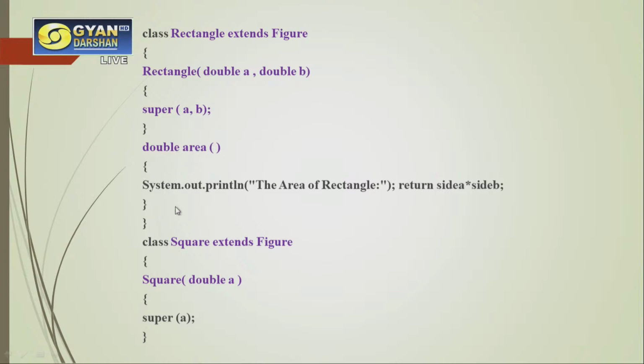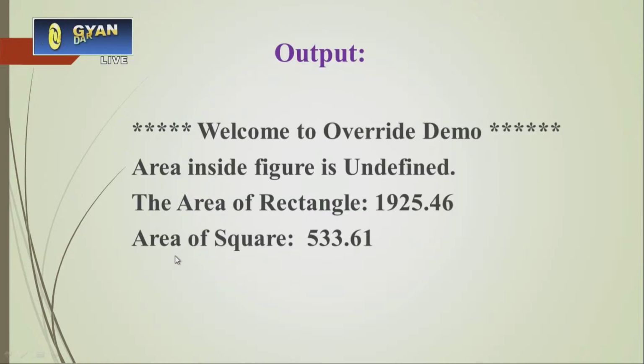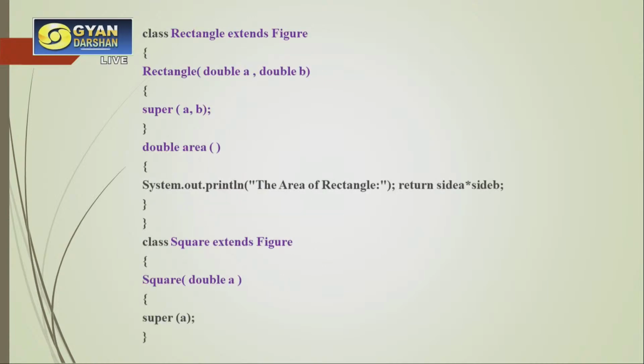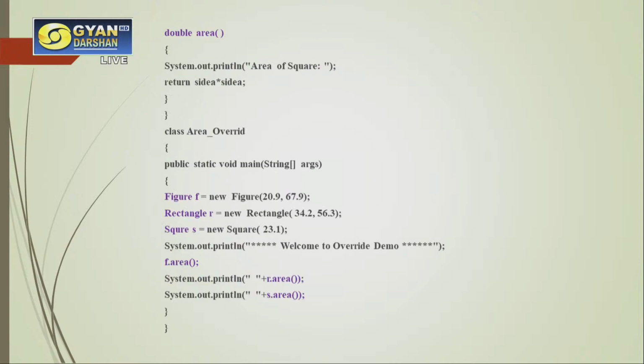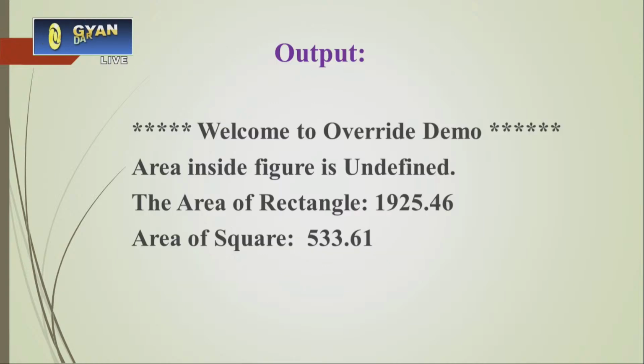This overriding happens in exactly the same way in the other implementation, that is the square. So you have different kinds of shapes, and in those different shapes you calculate the area. In this way you can experiment with it, and you can see how polymorphism actually works.